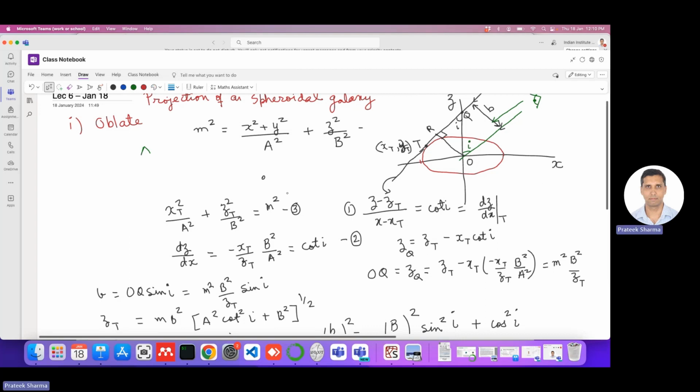The expression for ZT at the bottom left side, this one. So this is a relation between xt and zt. So there are two equations, two unknowns. You just solve it. Okay. I've not given all the steps, but it's actually simple algebra.